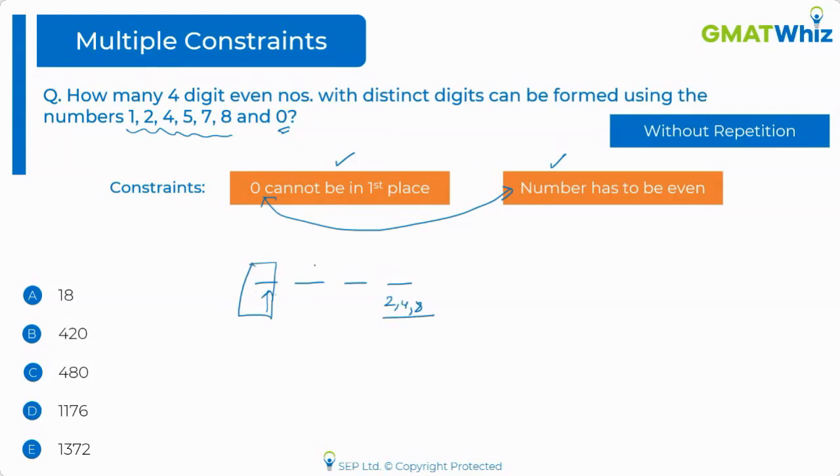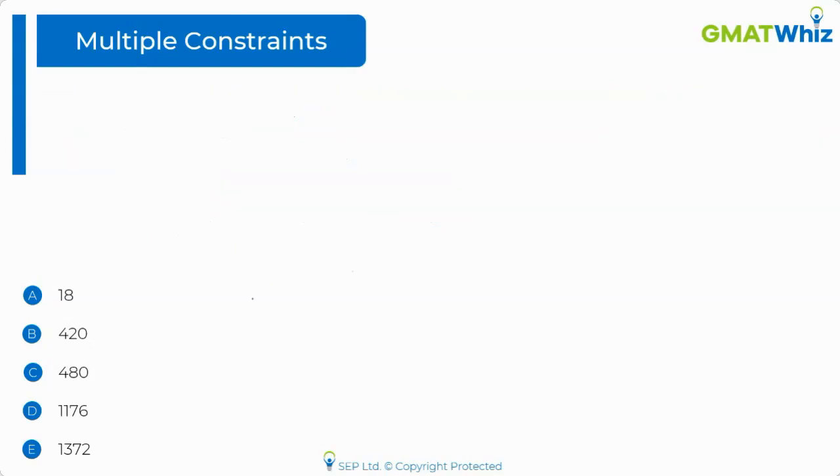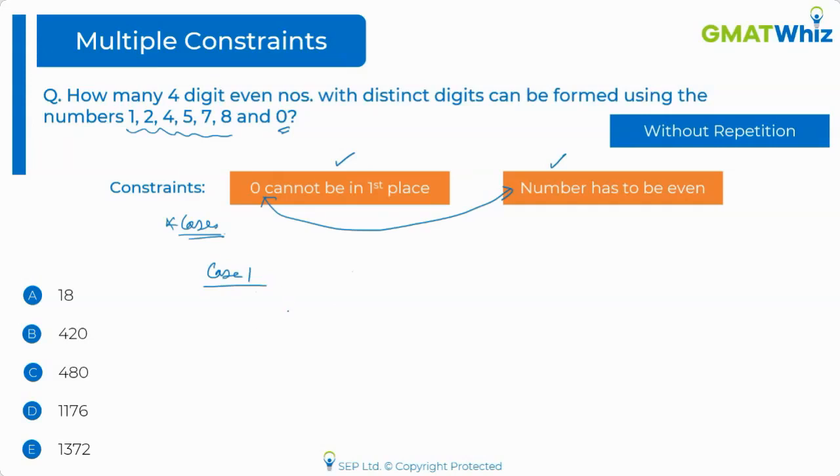So the trigger point that you need to keep in mind is that if a number creates a situation based on which your answer might differ, or the number of items that can be placed in a particular gap changes, then that's an indication that you need to create different cases and solve the question. Please keep this in mind. So what do I mean by cases? What I mean by cases is that you kind of fix the place, okay?